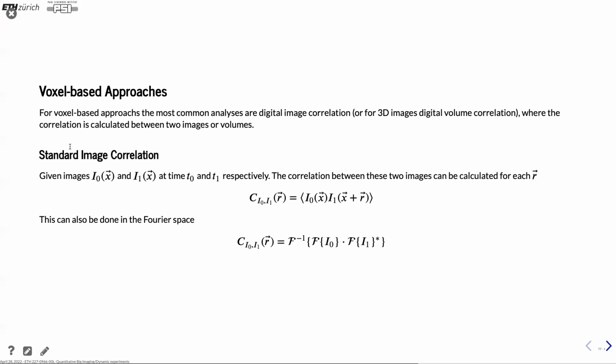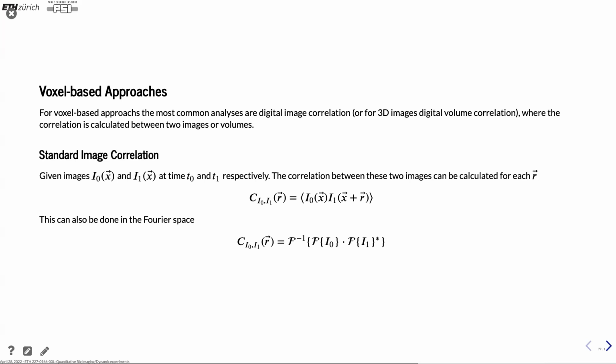And this correlation is usually some multiplication approach, but more efficiently, you can also use the Fourier transform. The way to compute the cross-correlation is to compute the Fourier transform of the first image and of the second image, and the second image is taken as the complex conjugate.